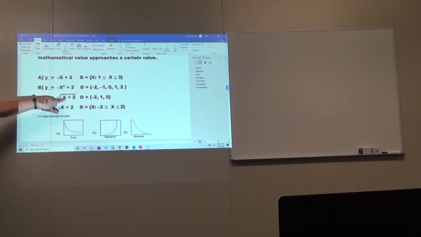Because it's minus. Right? So if this is negative 3, then the opposite of negative 3 is positive 3, that'll be 5. But if this is 1, I'll have 2 plus negative 1, which is still real.